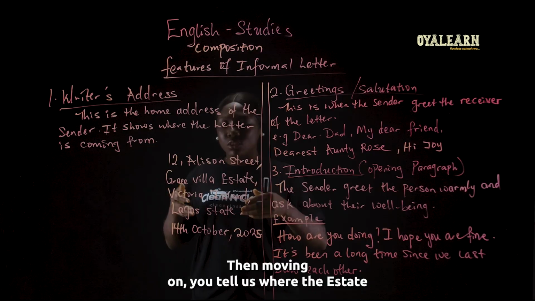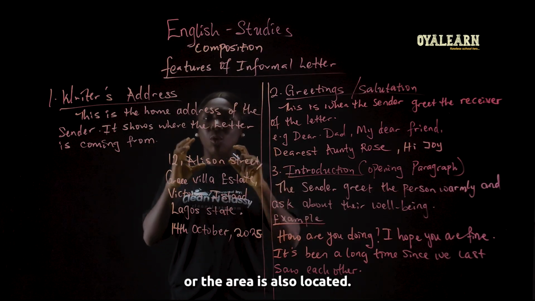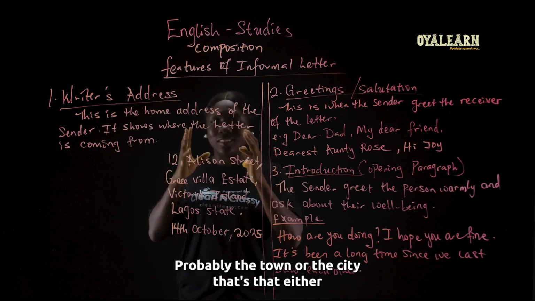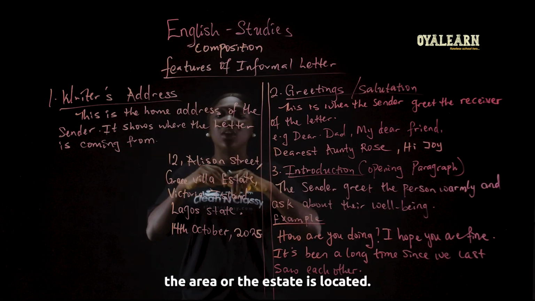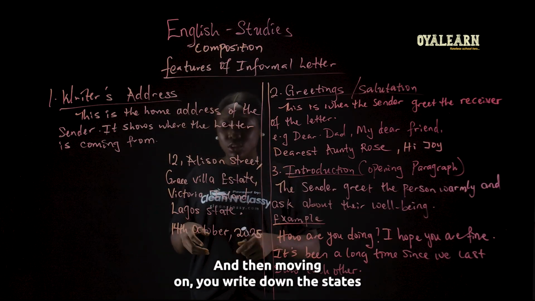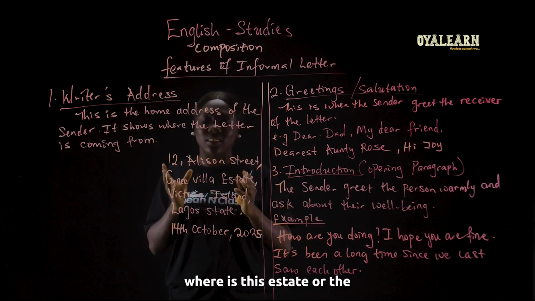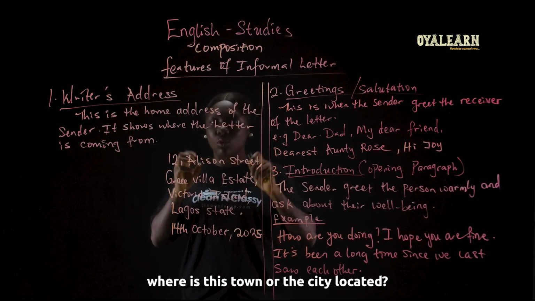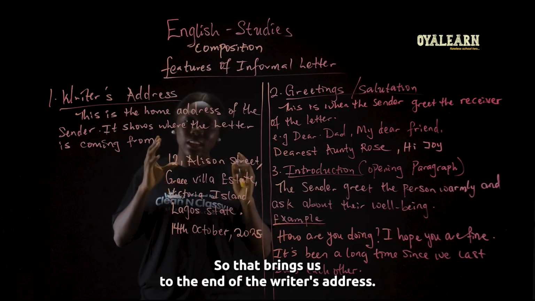Then moving on, you tell us where the estate or the area is also located. Probably the town or the city. And then moving on, you write down the state. Where is this estate or this town or the city located? So that brings us to the end of the writer's address.